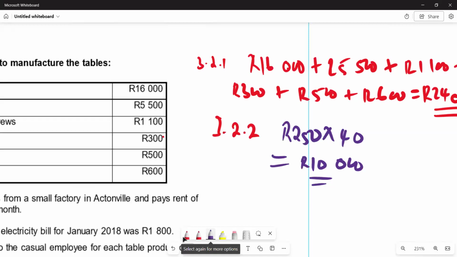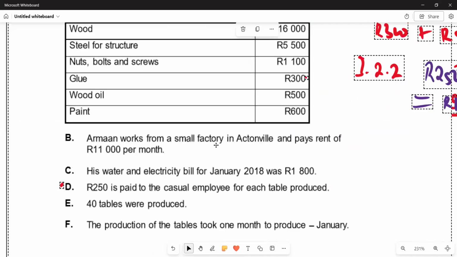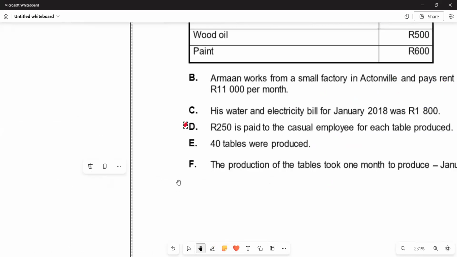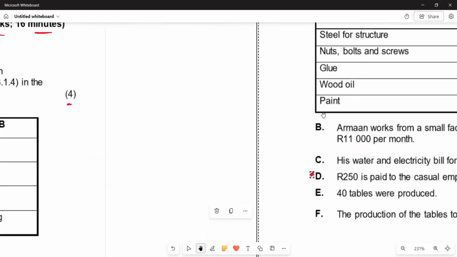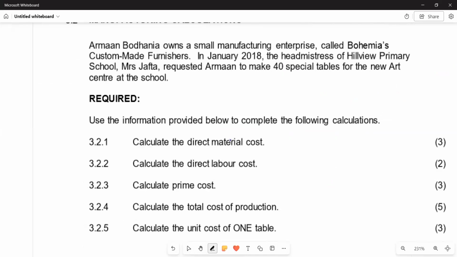Then we go to the next question, which asks for prime cost. For prime cost, we add the figure for direct material cost plus the direct labor cost.